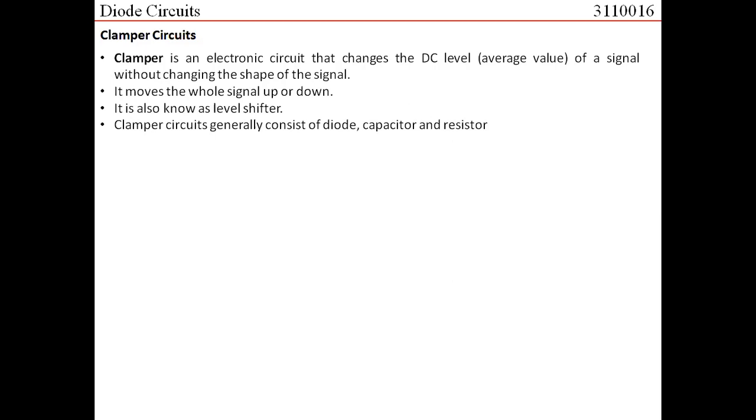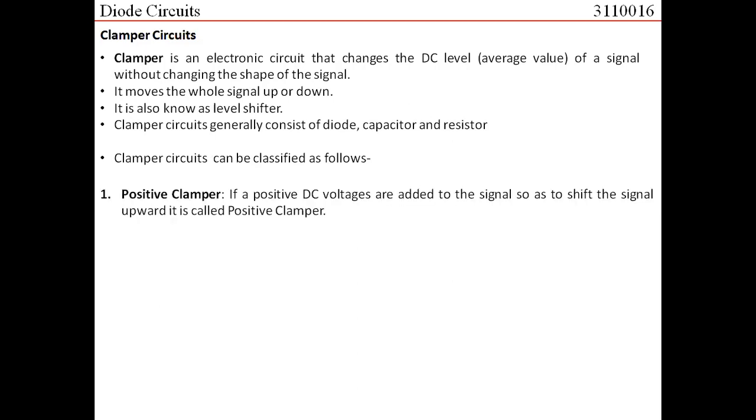And depending upon what type of clamping, what type of level shifting a clamper circuit does, we can classify clamper circuits as follows. We may have positive clampers, that is, if a positive DC voltage is added to a signal so that the signal gets shifted upward, then they are called positive clampers.